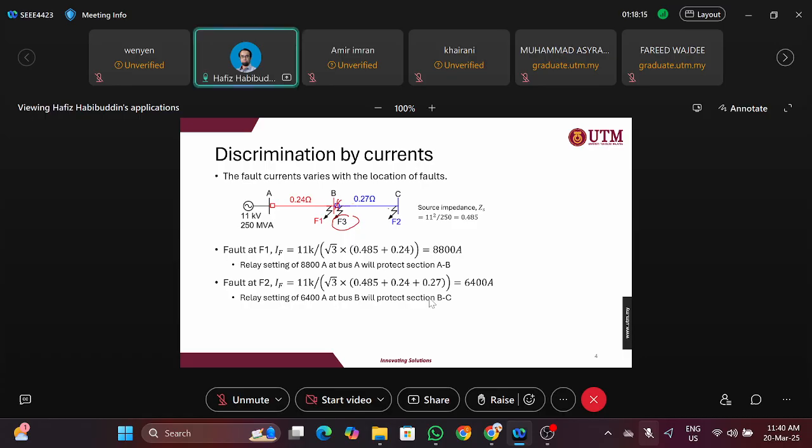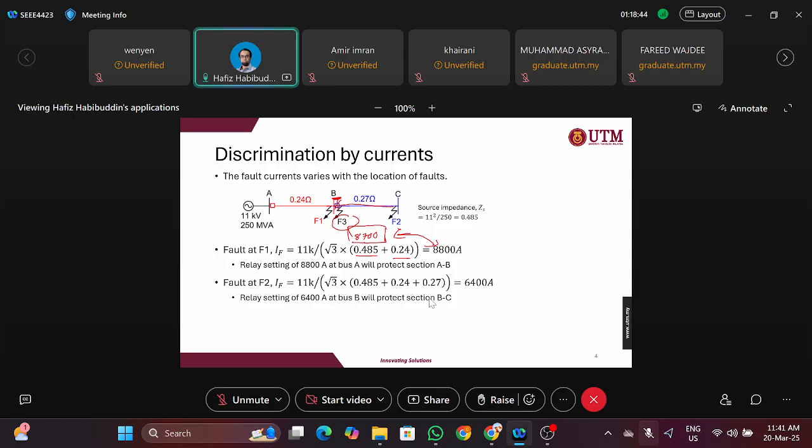Because it is within this section. But the fault current here might be 8700. Of course, you have up to 48524 and just a little bit of impedance here.